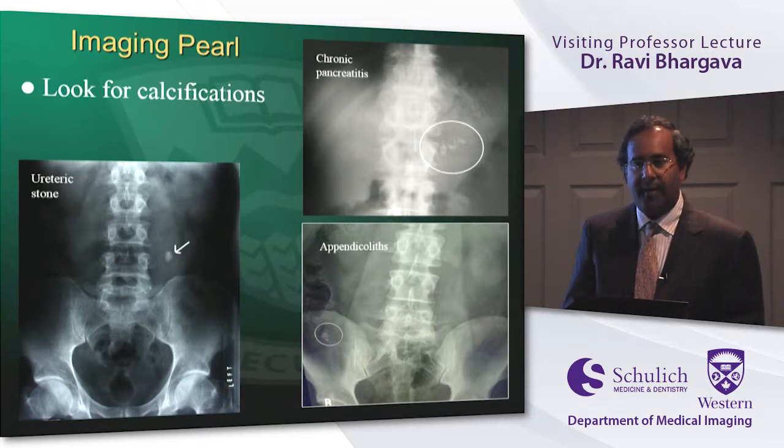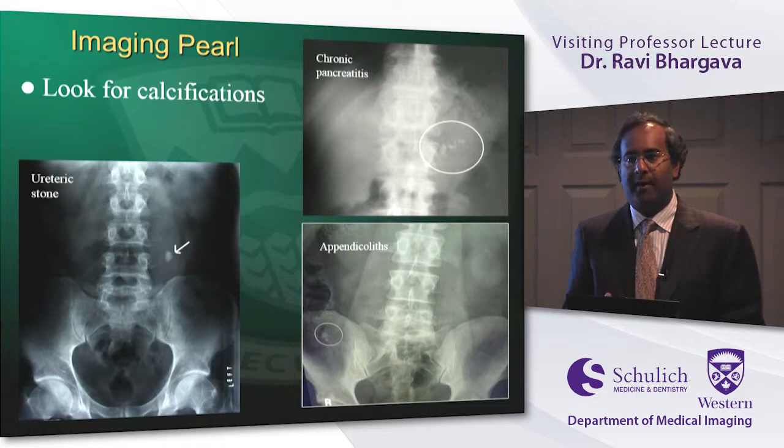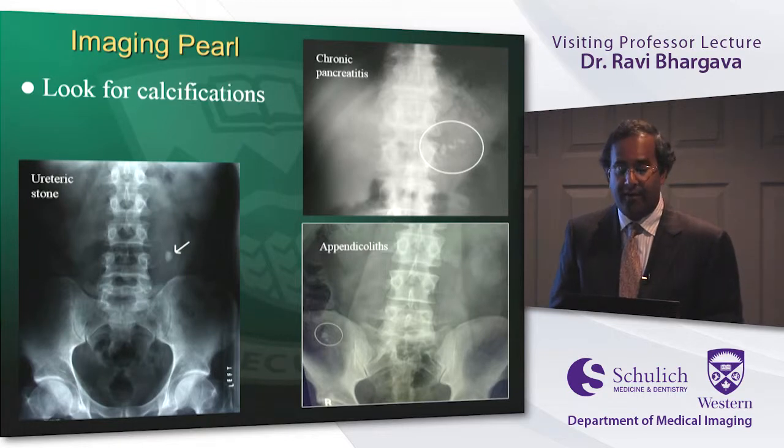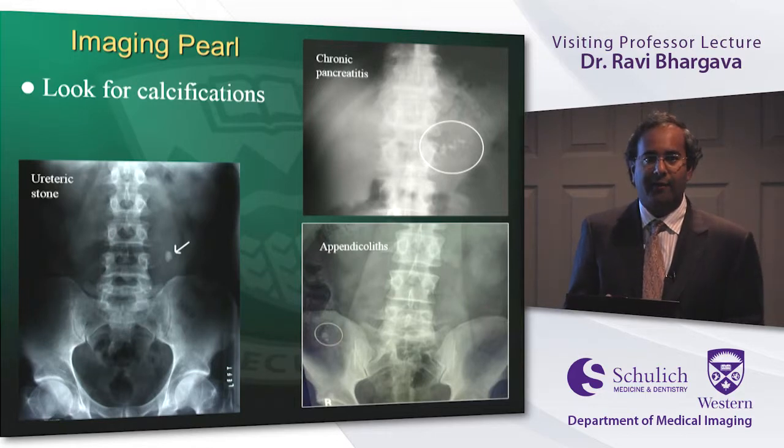And I think part of it is just the mental checklist: if you have a child with abdominal pain, realize that appendicitis is very common, and you have to focus your attention on this 2 square inch area around the right lower quadrant to look for appendicoliths. It's a very common thing that's there, and it's also a very common thing that's missed. In the cases that get referred into us, at least once a month there's a kid with appendicitis where the appendicoliths are there and it's just not seen.